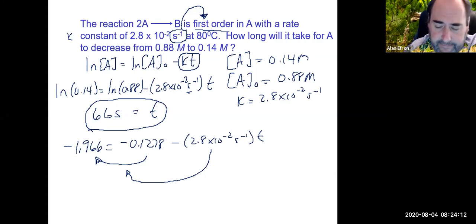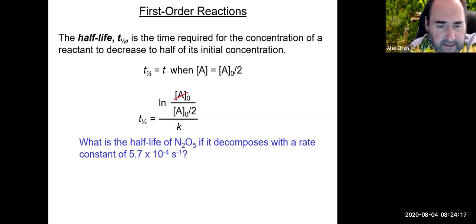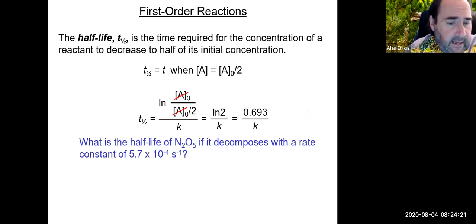Okay, so we jumped on this a little bit earlier, but basically the half-life is the time it requires for half of whatever you started with to disappear. And after about 10 half-lives or so, it's probably pretty much gone.